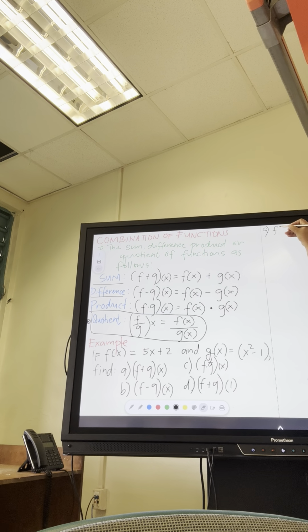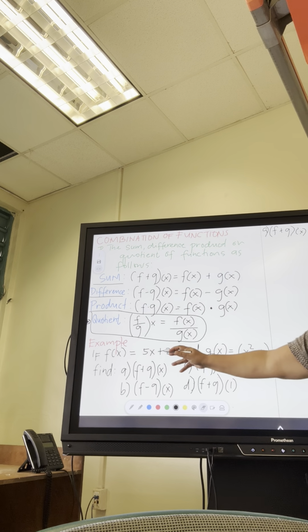So we are going to consider now the solutions for letter A. We have f plus g of x. You just copy this notation. This is equal to f of x plus g of x. Keep your eyes on the board so that you will understand. You are going to just combine. What is f of x?